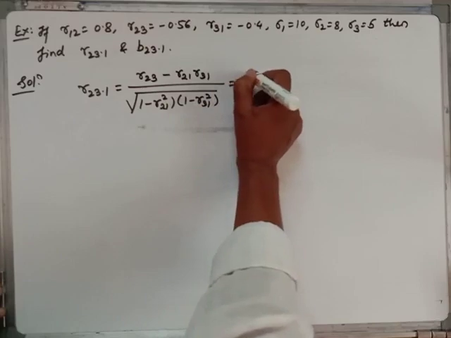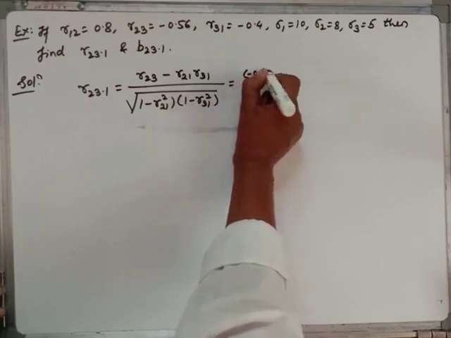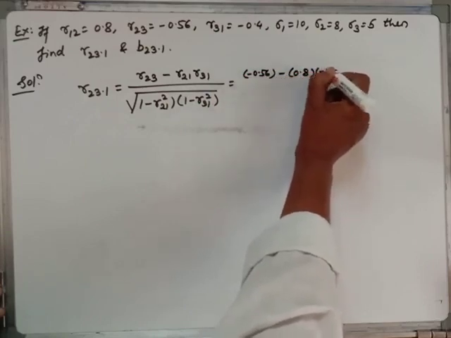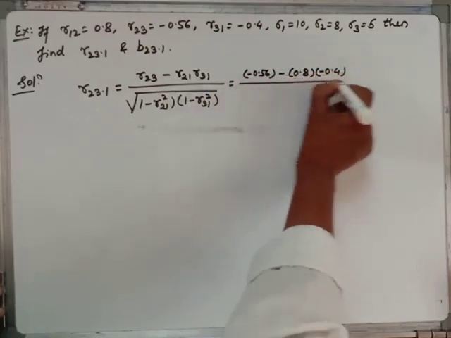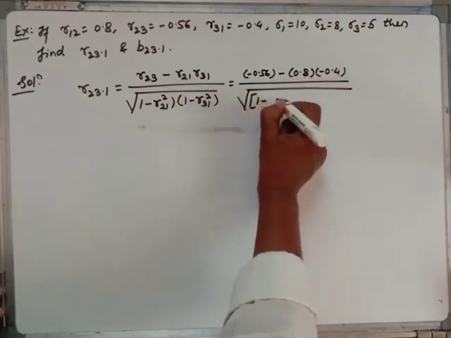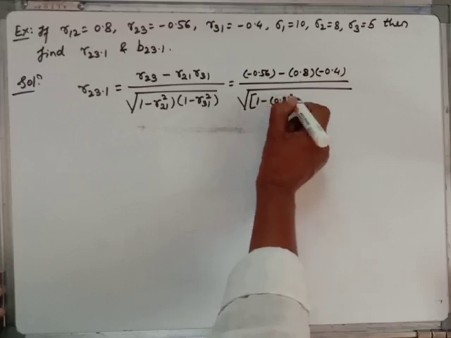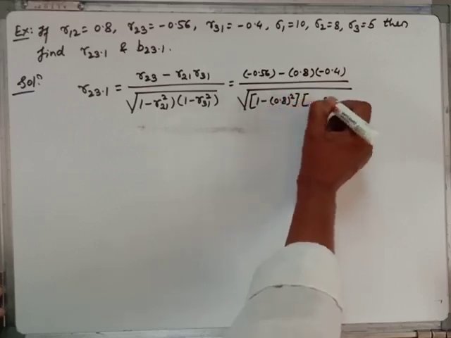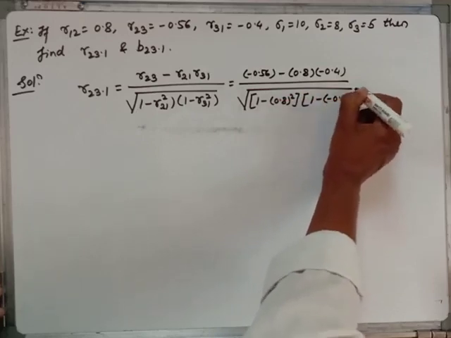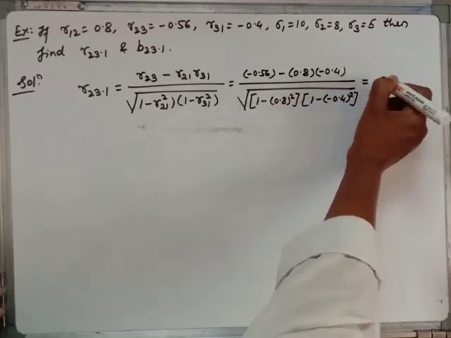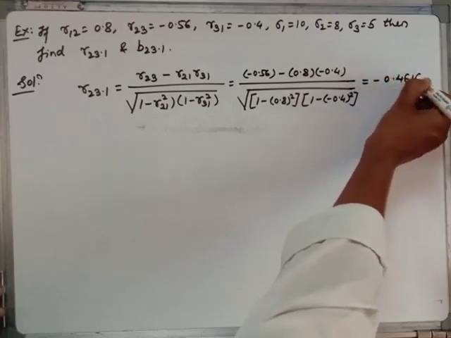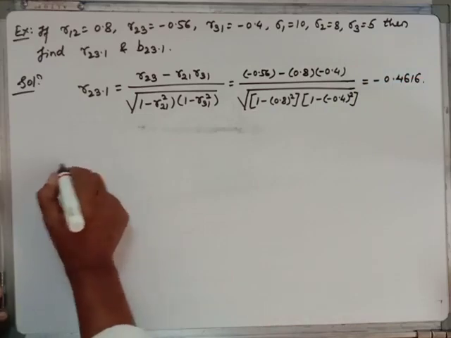We will get minus 0.56 minus 0.8 into minus 0.4 upon root 1 minus 0.8 square, right, into 1 minus 0.4 square, this one. So simplifying it, we get it is minus 0.4616, and the next one.